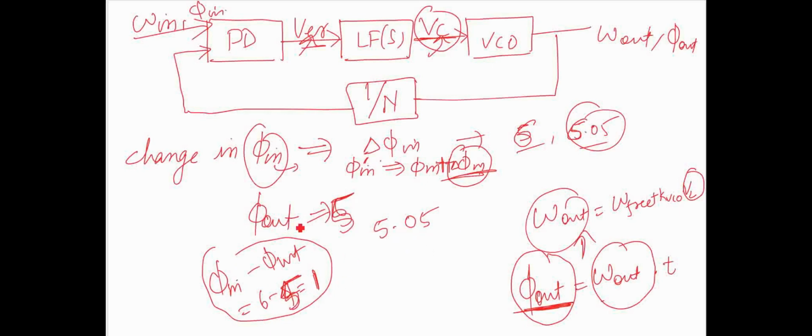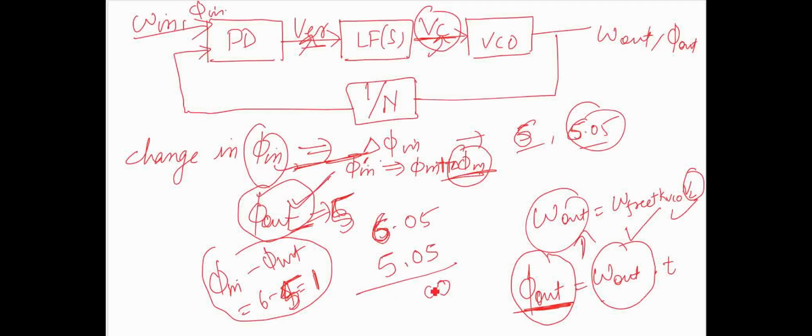So now there is the same increment in phi out: after increasing phi in, due to VC, the same increment appears in phi out, so phi out becomes 6.05. How much is the difference? The same. So you can see that phi error is constant.